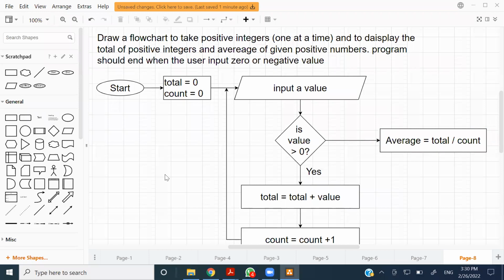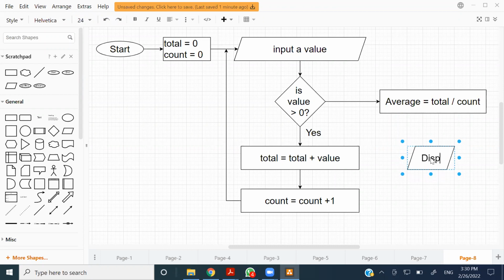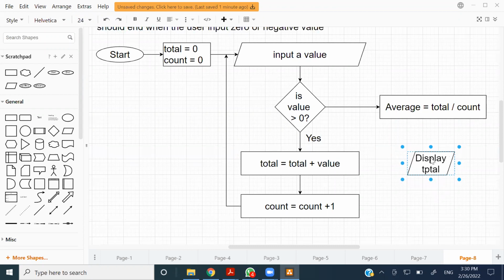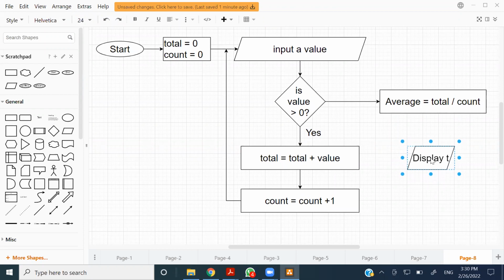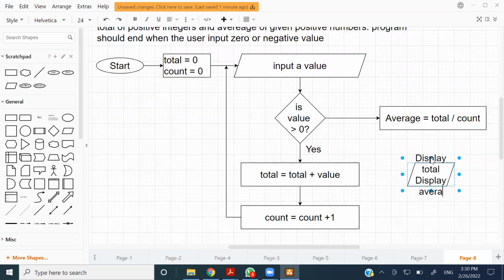Now I can display the things. So I'm taking an input-output shape, and I'm taking display total, and I say display average.